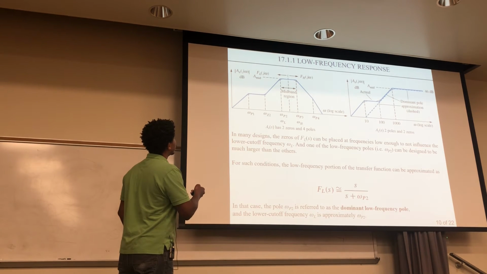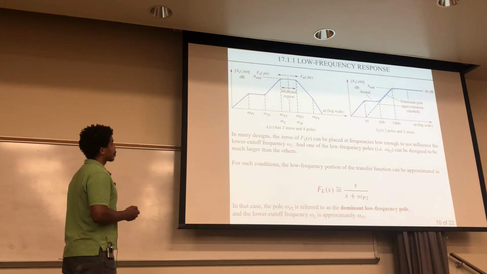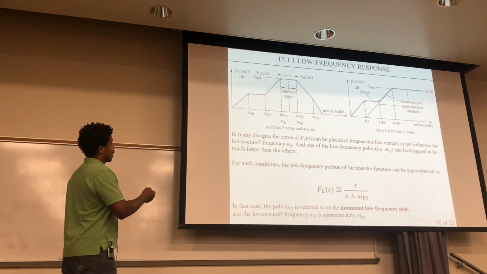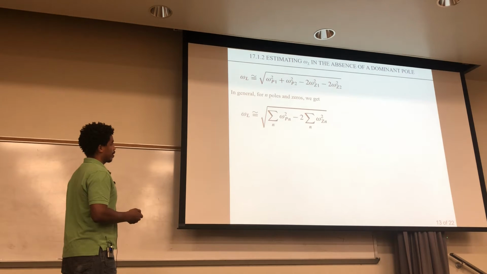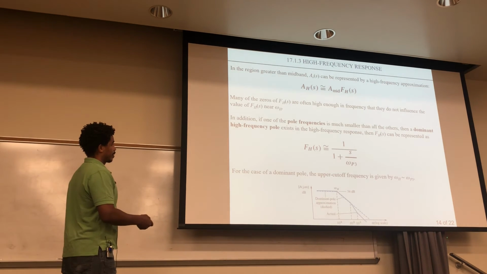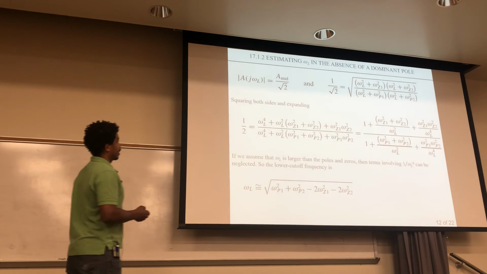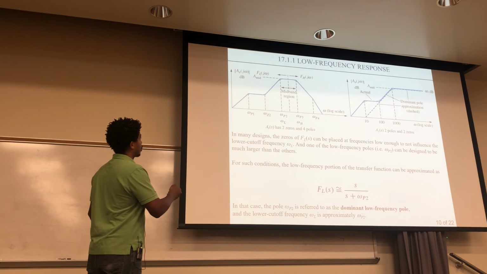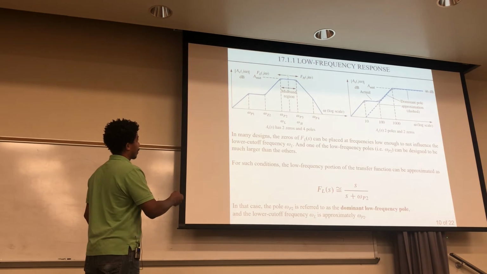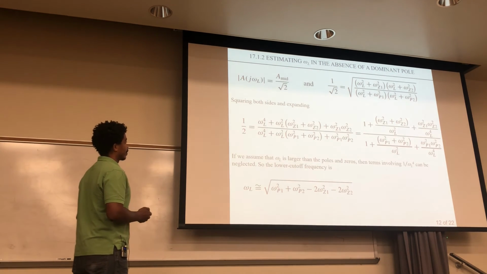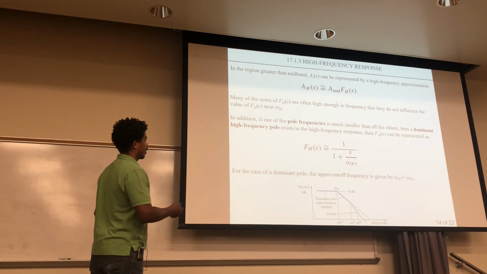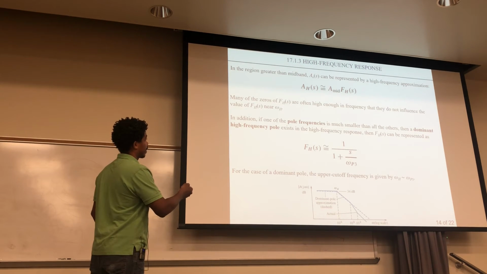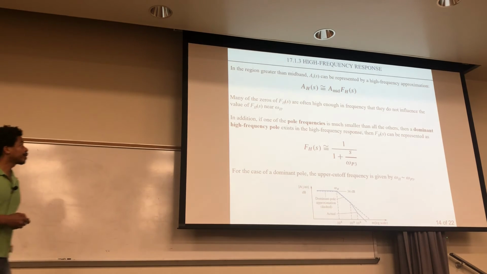So omega H is about equal to omega P3 here. And this piece right here is the approximation of this plot right here without the low frequency, right? Because we're only looking at this portion of it, where omega L is 1 in that case, right?